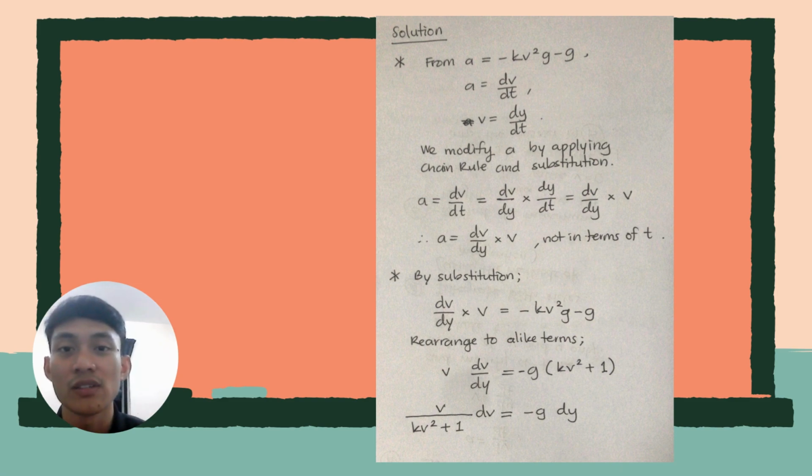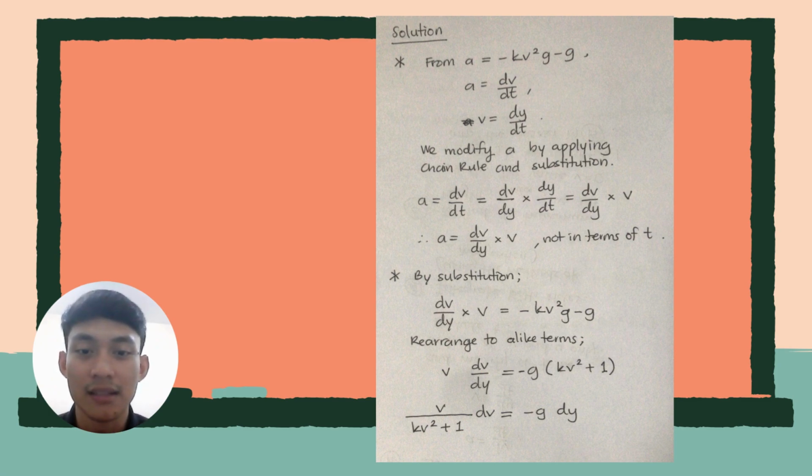As we know, a equals dv/dt, which is the product of dv/dy times dy/dt by the chain rule. And dv/dy times dy/dt equals dv/dy times v.